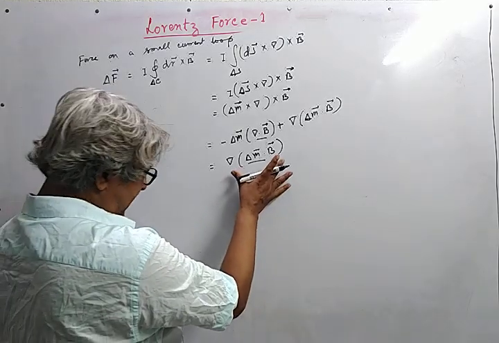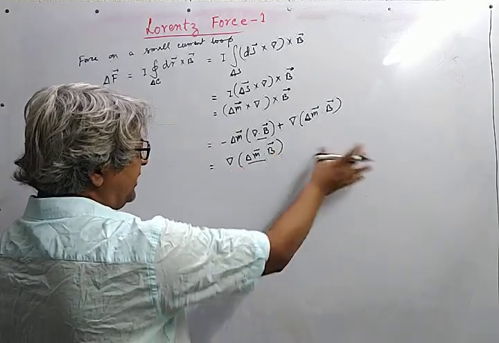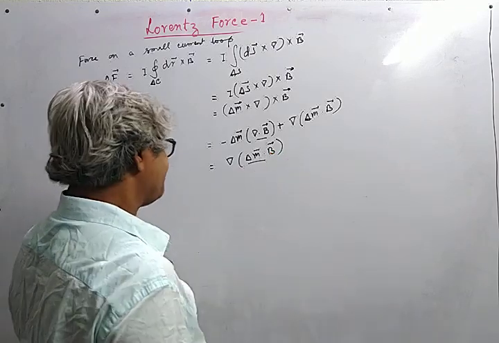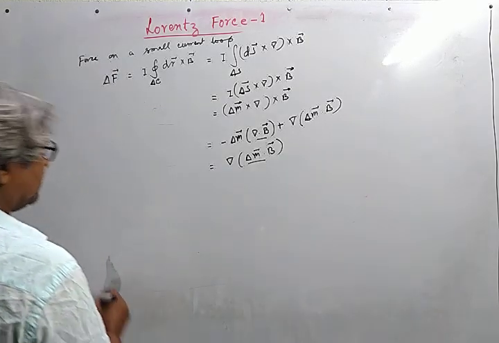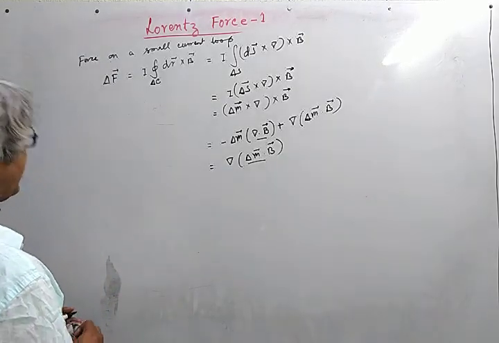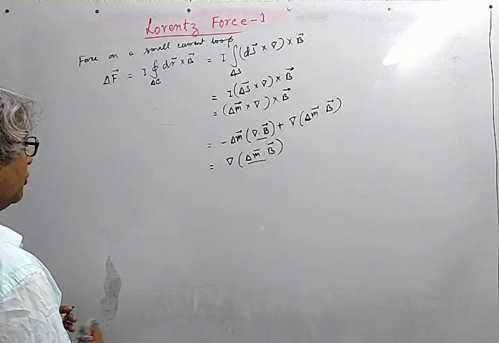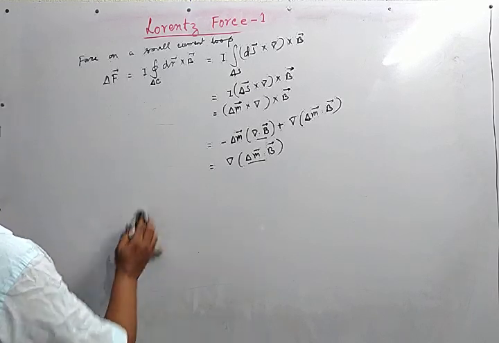We may expand it into two terms and get another expression for delta F. We are not going to this, but we are going to the torque that acts on a current loop when placed in a magnetic field.